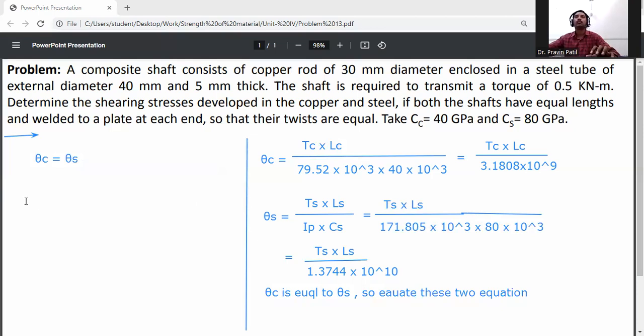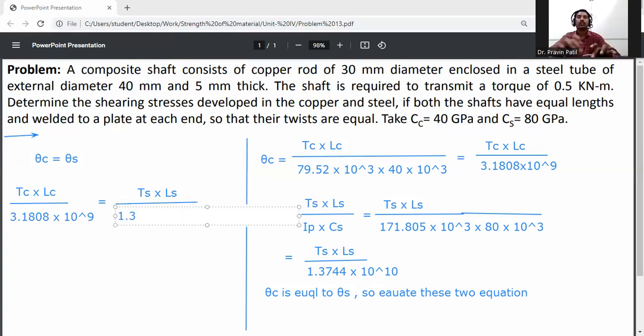So theta C it will be TC into LC divided by 3.1808 into 10 raised to the power 9 is equal to TS into LS divided by 1.3744 into 10 raised to the power 10.